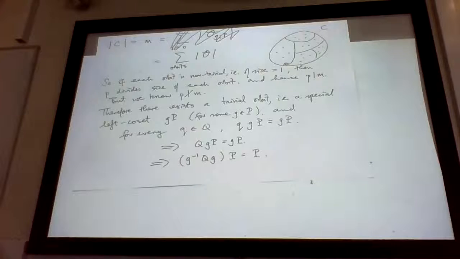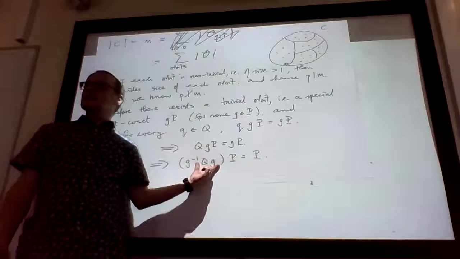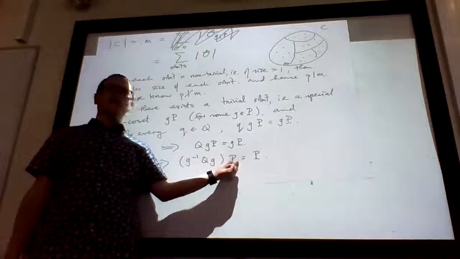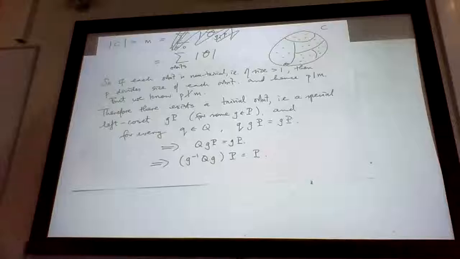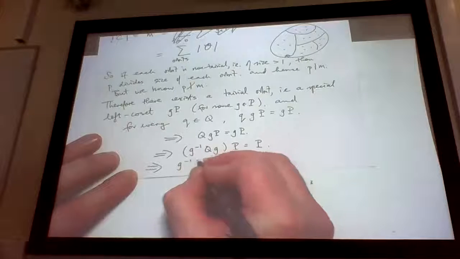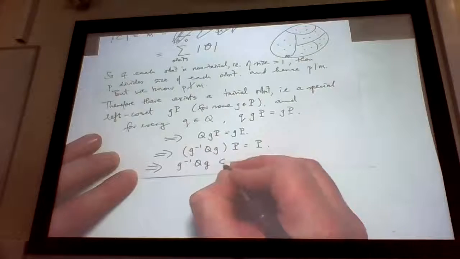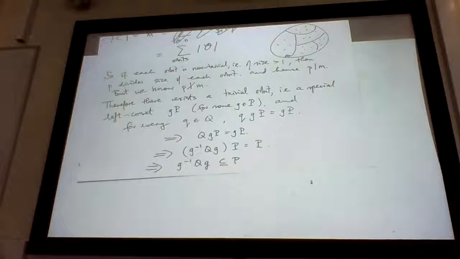You get this. Now you're looking at a certain conjugate of Q multiplying P, which gives you exactly P. Now from your theory of cosets before, this implies that this conjugate of Q is contained in or equal to P, just on a setwise level.